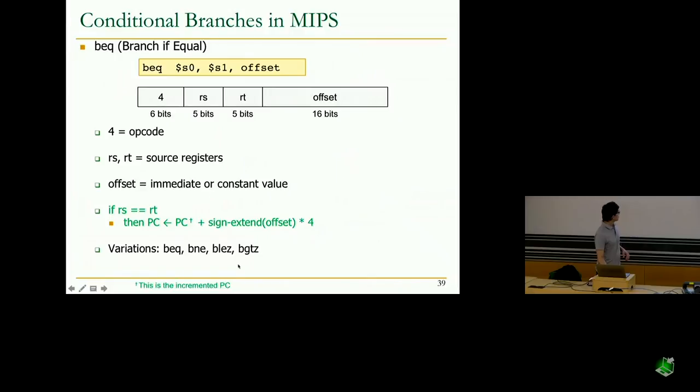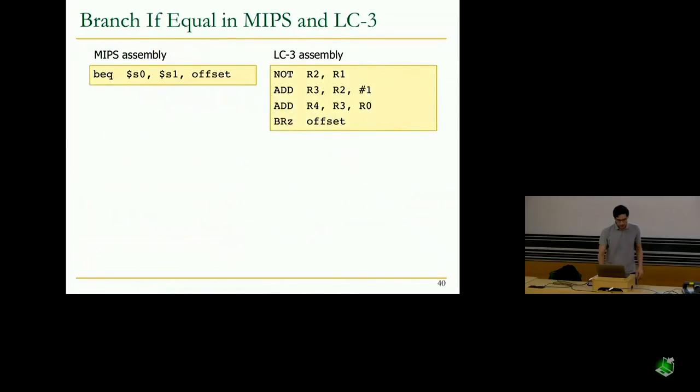We also have branch not equal, so we will branch when the 2 registers are different, or less than or equal to 0, for a value of a register that is negative or equal to 0, or greater than 0. So these are variations, but the semantics are very similar, and the way they are executed on the data path is very, very similar as well.